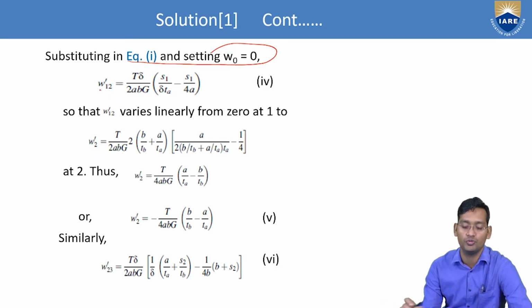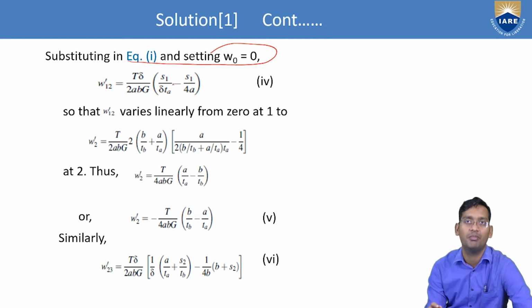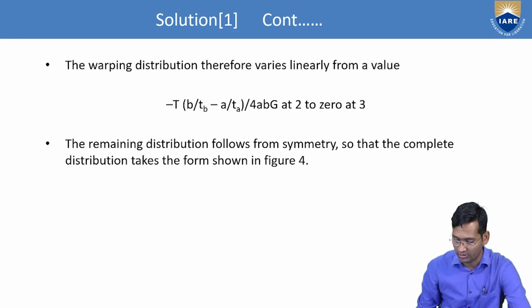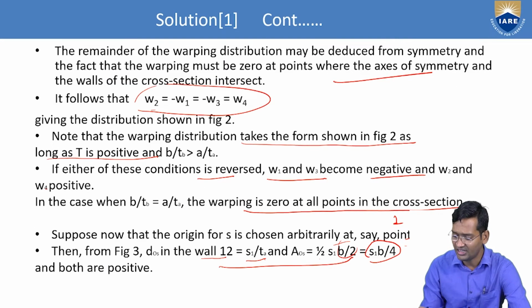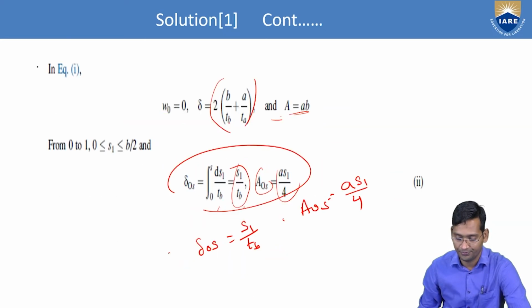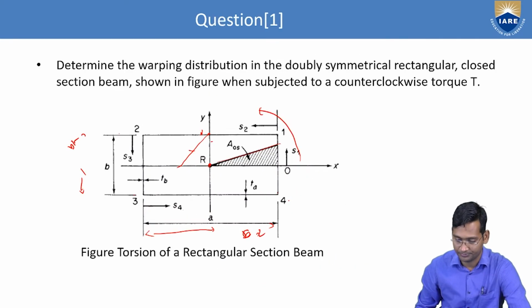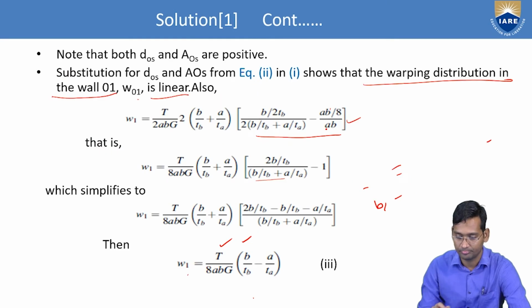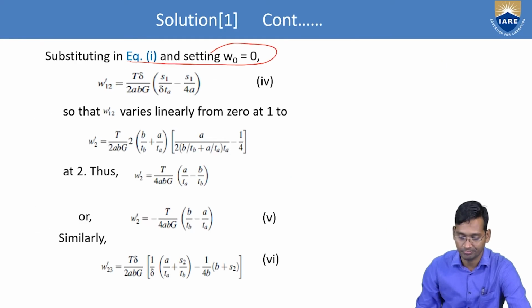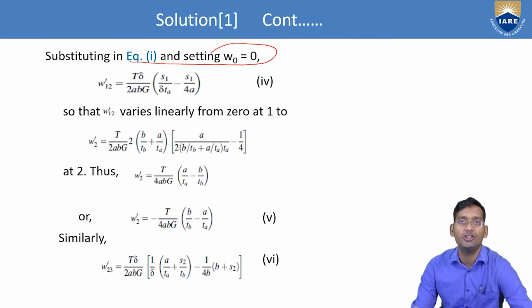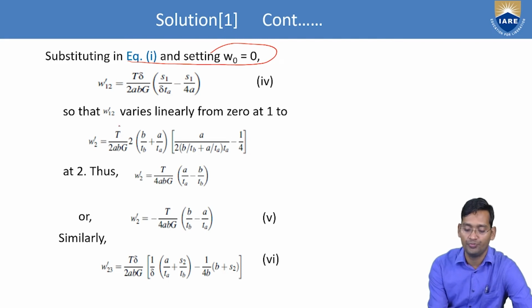W dash 1 2 equals T delta by 2ABG into S1 by delta TA minus S1 by 4, just substituting the values whatever we got here for AOS and DOS. So W dash 1 2 varies linearly from 0 to 1.